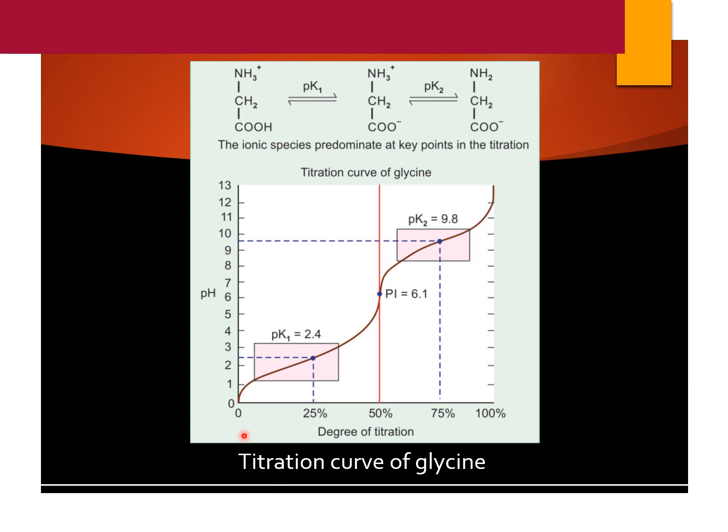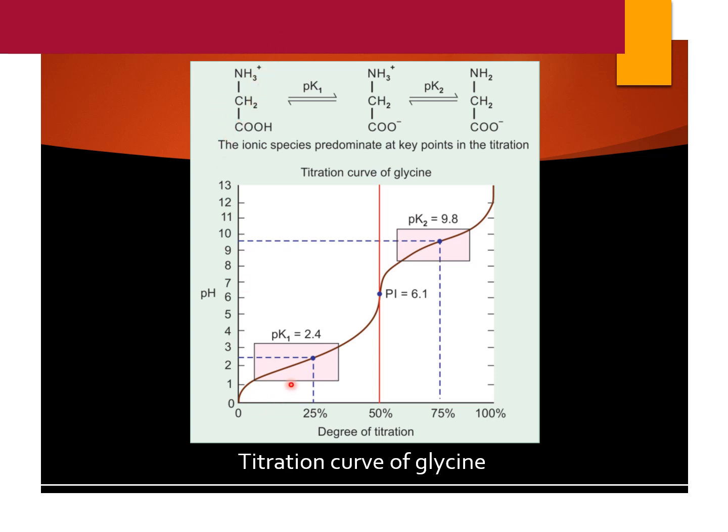You can see here, this is the pH range, this is the degree of titration. As we are raising the pH from 0 to 13, 14, titration is being performed with dilute NaOH solution. Starting from 0 to around 2.4, the glycine remains in the form where the amine group is protonated.